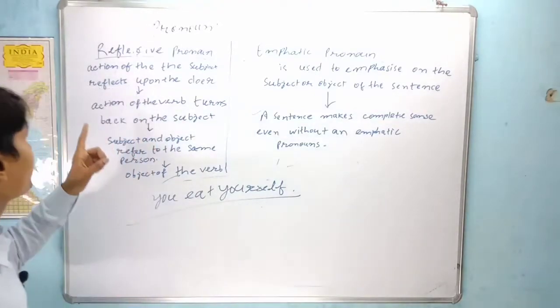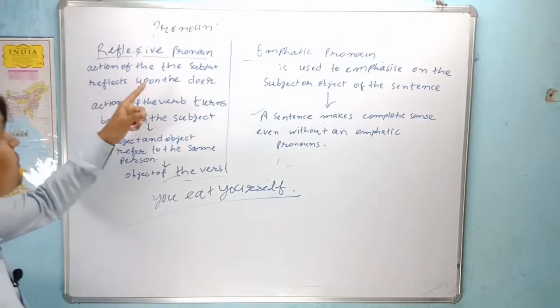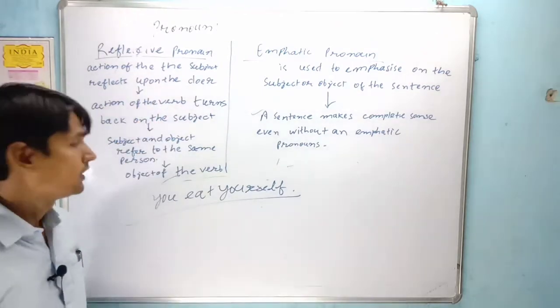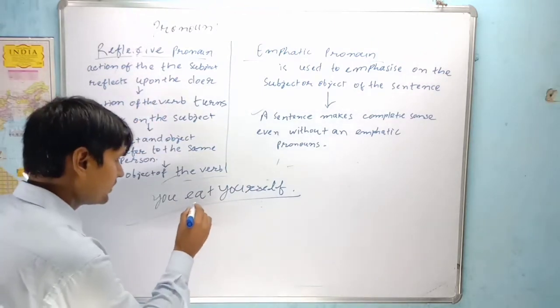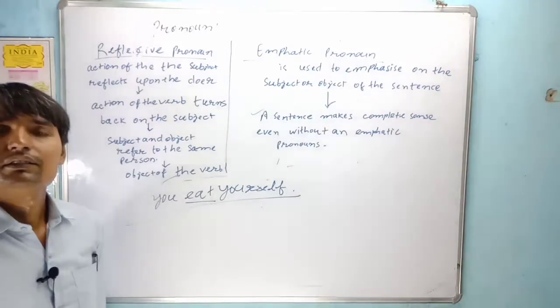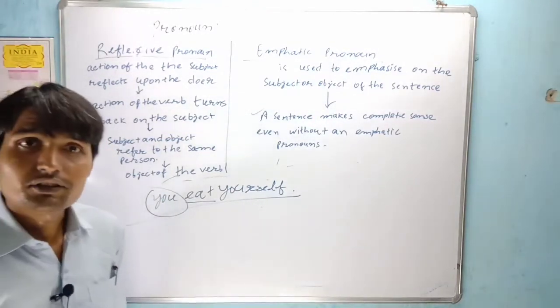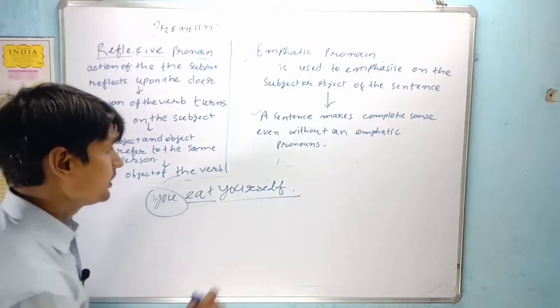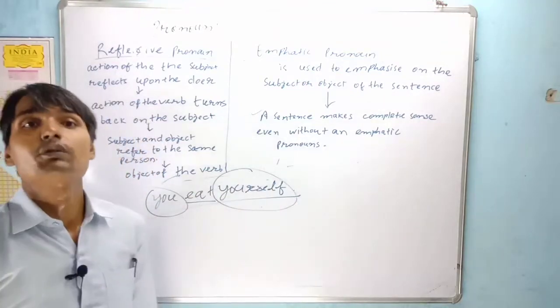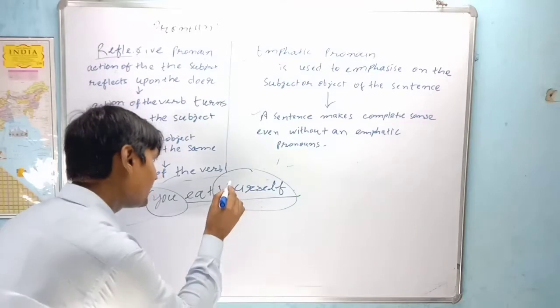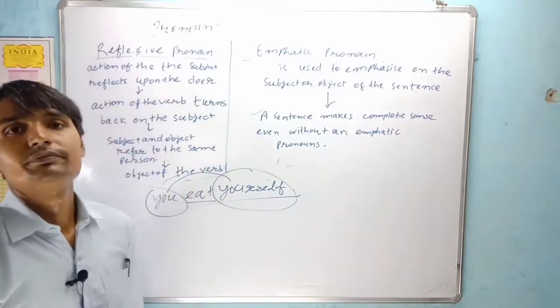You can see here on the whiteboard. The definition is saying that action of the subject reflects upon the doer. Here, what is subject doing? Subject is eating, and it is reflecting again on the subject. Who is eating? You is eating, because it is saying you eat yourself. So yourself is again reflecting on you.